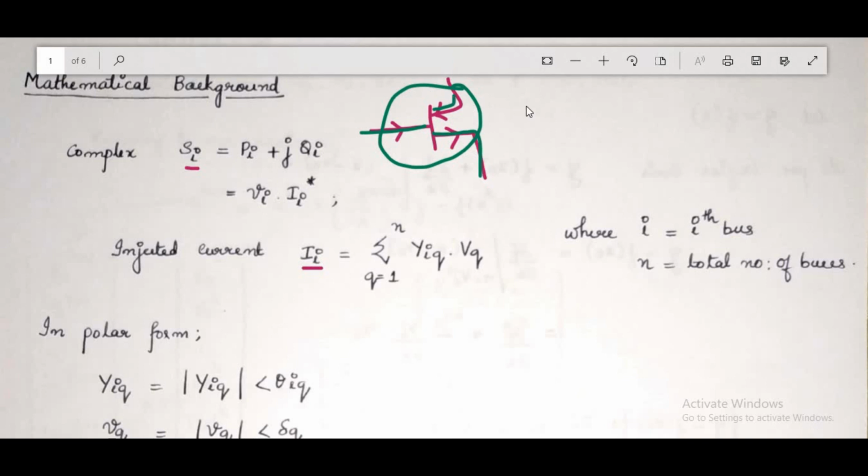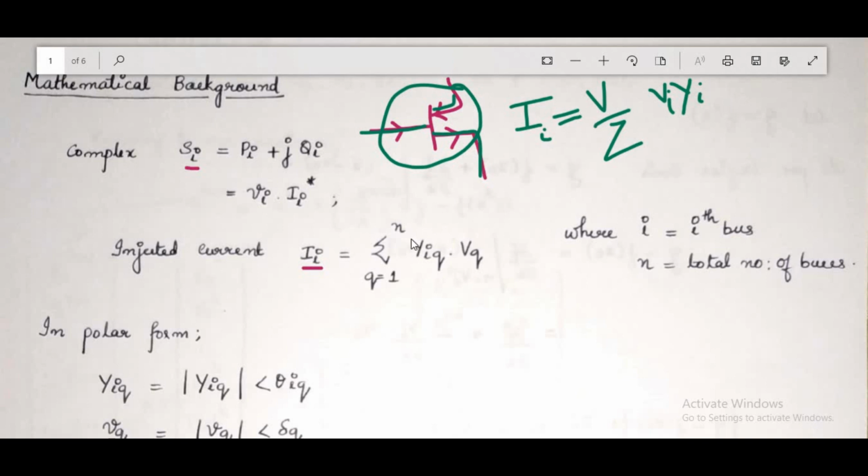Okay, and the injected current is equal to voltage divided by impedance, or voltage into admittance. So the current of a particular bus i will be equal to voltage of that particular bus i into the bus admittance matrix element.